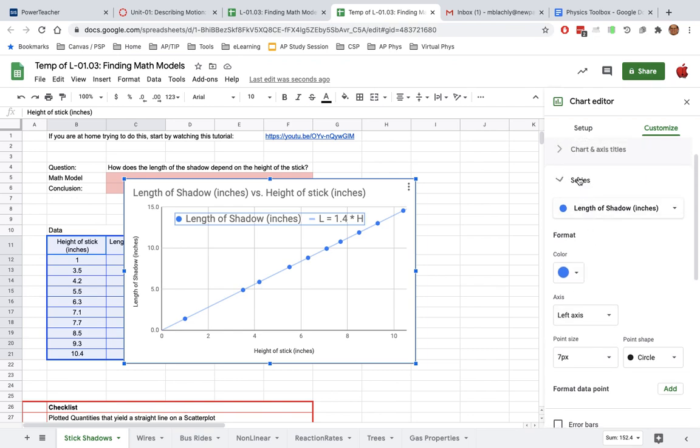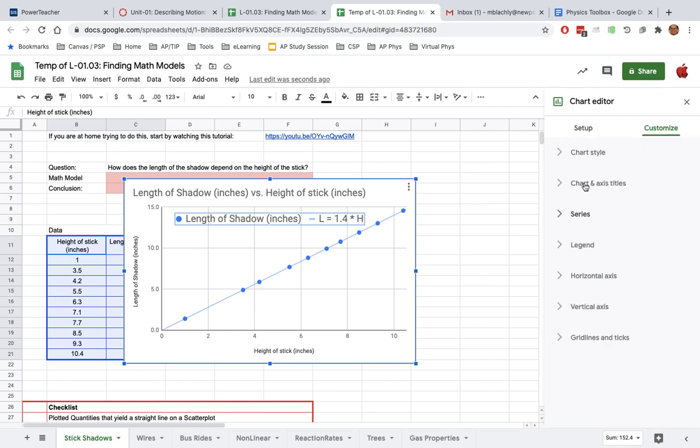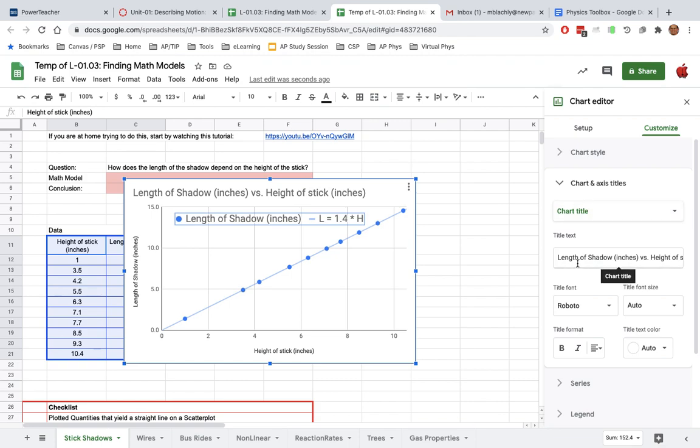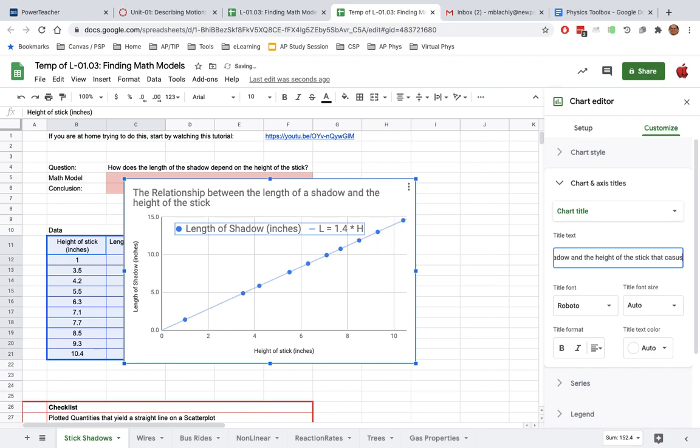I'm going to collapse Series. I'm going to go to Chart Title and Subtitle. My title is going to be the relationship between the, now I need to put in what is on the y-axis. We always put this in first. So it's the relationship between the length of a shadow and the height of the stick that caused the shadow.